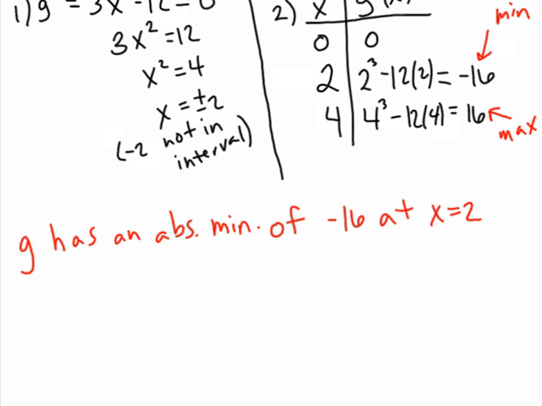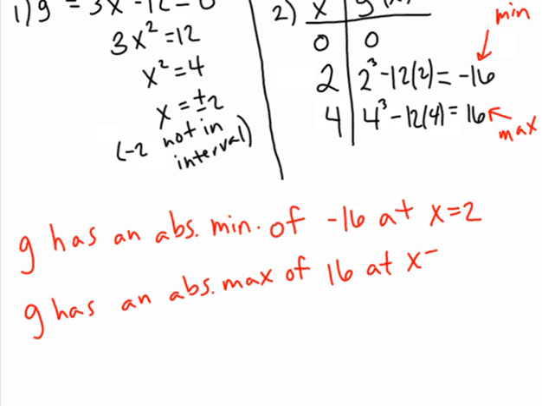So you want to phrase it very, very specifically. Then you want to say g has an absolute max of positive 16 at x equals 4. This would be our final answer.